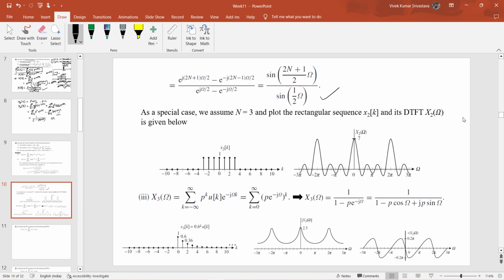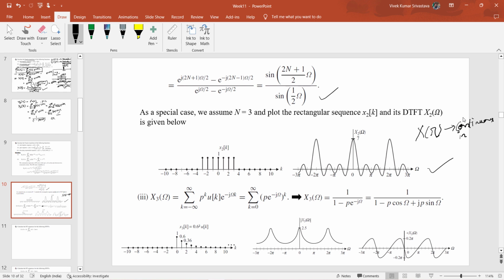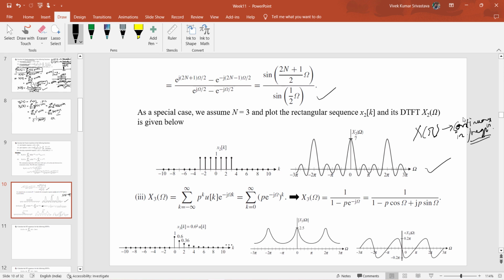Once we plot this, we get this kind of distribution, which shows that in the discrete time Fourier transform, the transform is continuous in frequency.